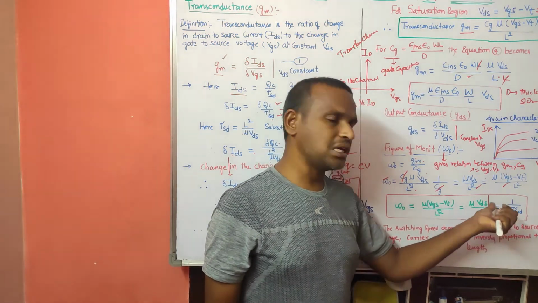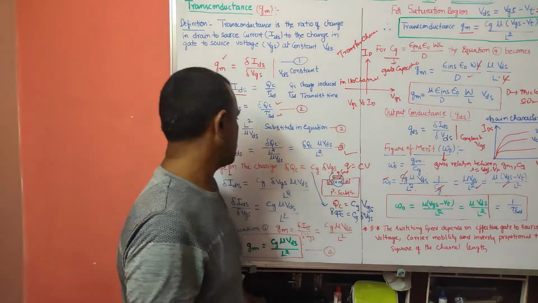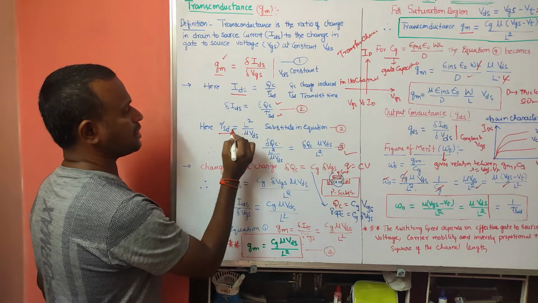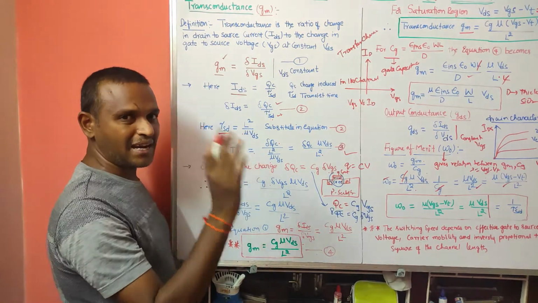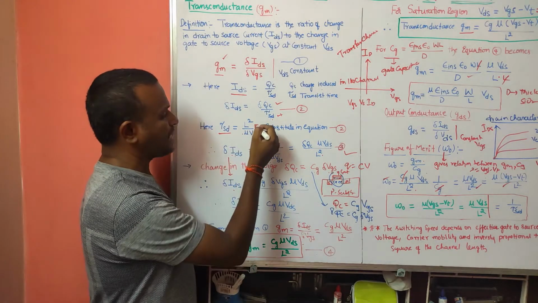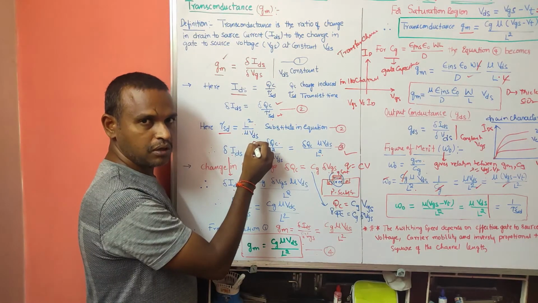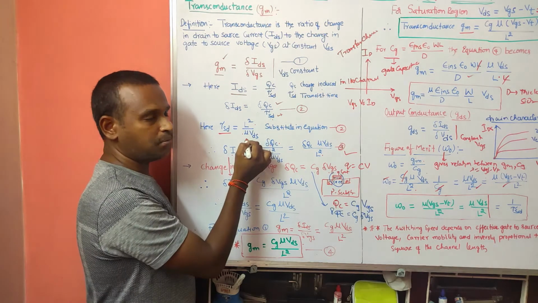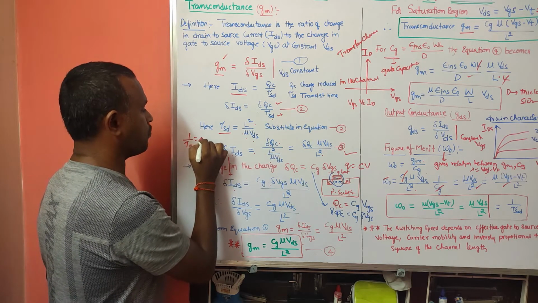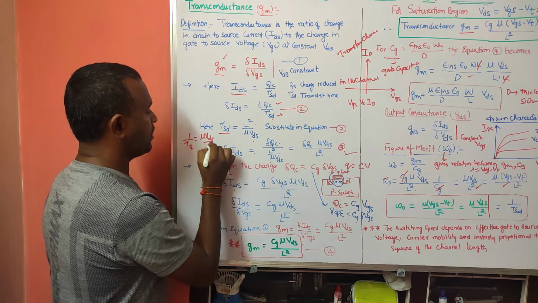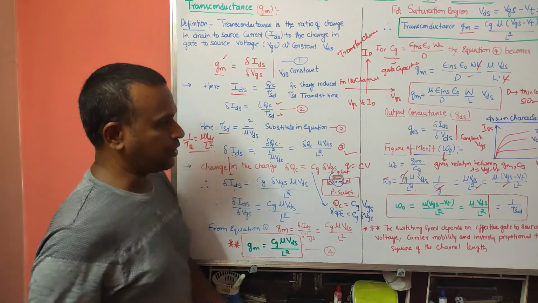So what is this equation here? We have considered tau Sd. Tau Sd is nothing but the transit time, which is equal to L square by mu Vds. Suppose I require 1 by tau Sd, it becomes mu Vds by L square, the same thing I have written here.